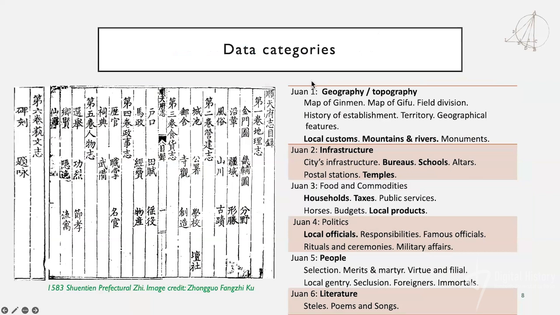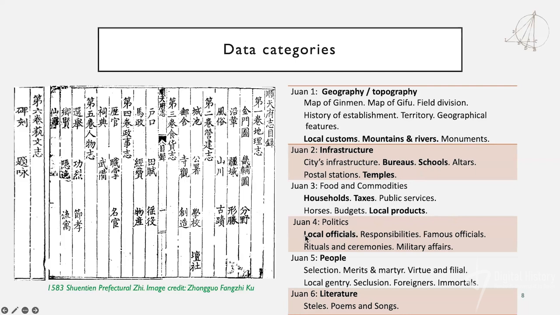And here we can see in more detail the data categories that they used. So they very often have a section called geography, where they give maps and they give you the history of how this place was established, and the local customs, what are the mountains and rivers and monuments that you can find in this local region, and the infrastructure, what are the temples, bureaus, schools, and food and commodities, what are the household taxes, what are the local products that you can get from this place.